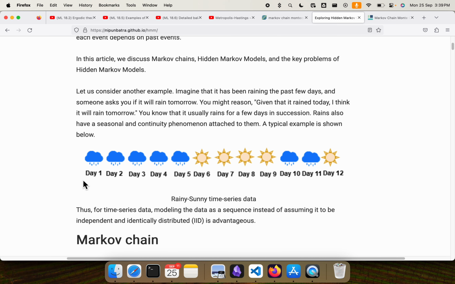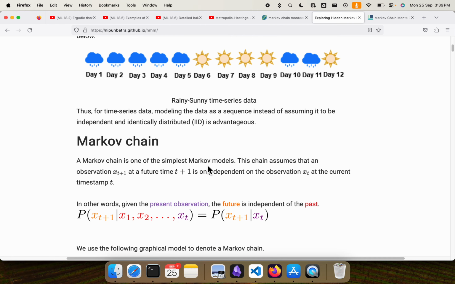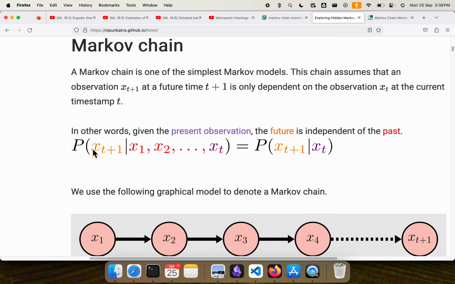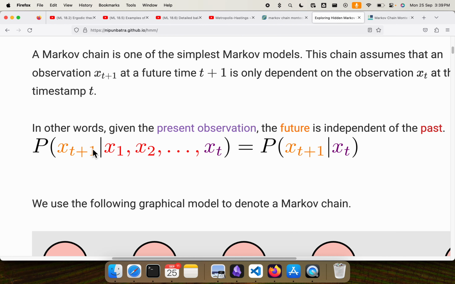So let's assume that this is a sequence of states: rain, sun, rain, sun, rain, sun, and so on. A Markov chain says that given the present observation, which could be either sunny or rainy, the future is independent of the past.